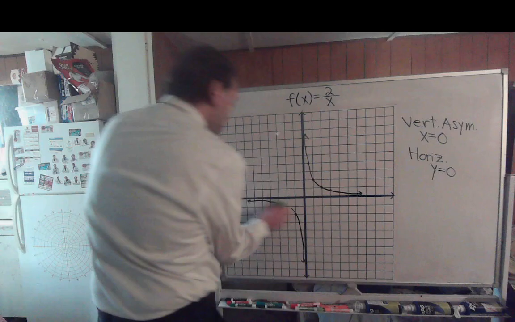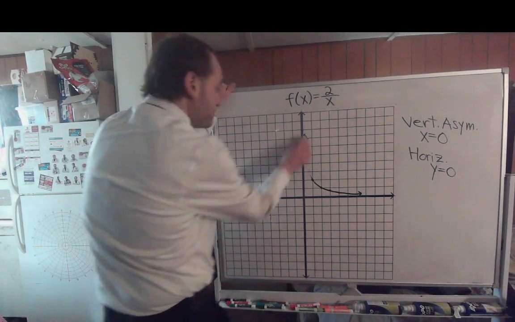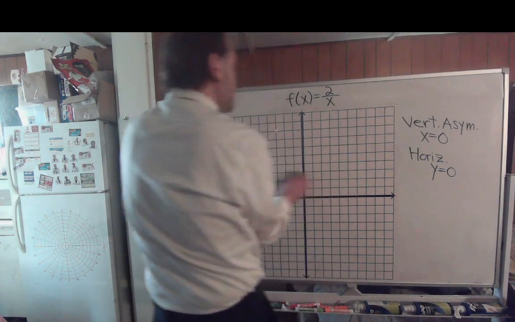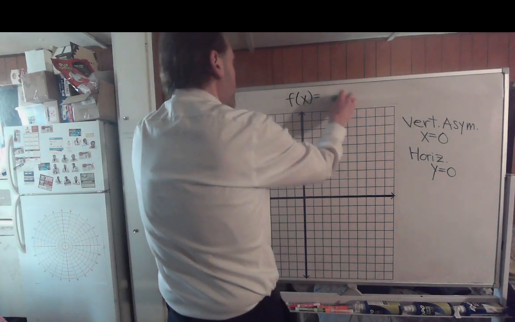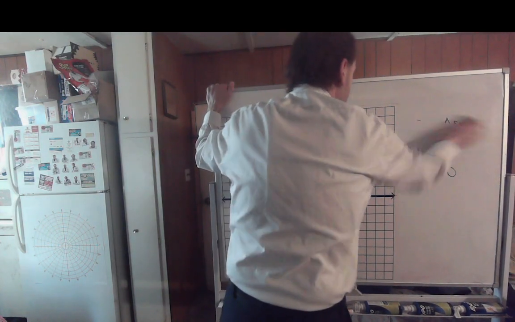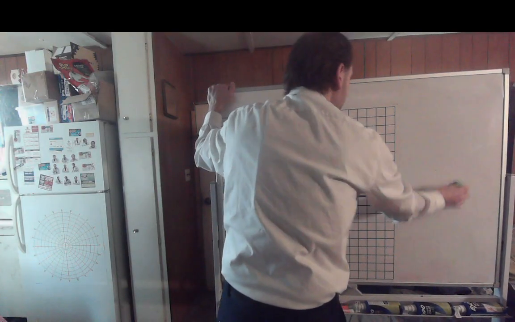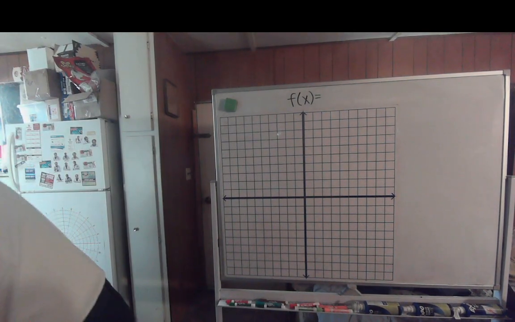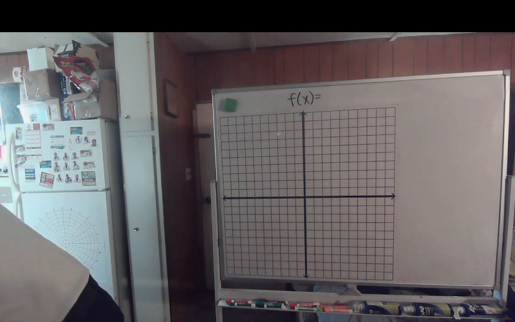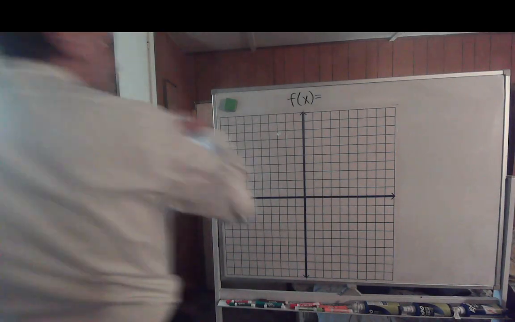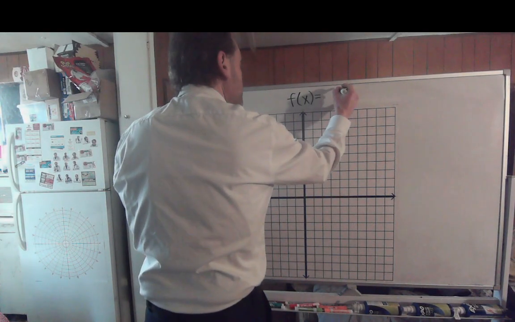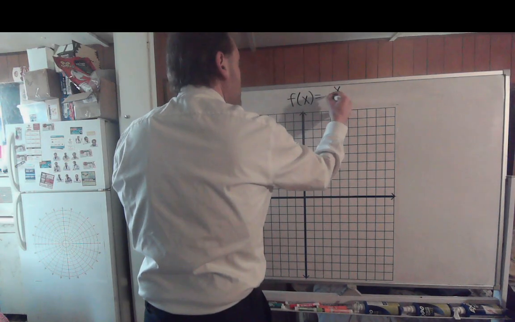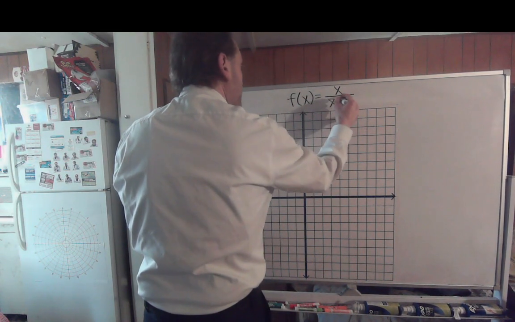Now, let's do some other functions where the degree of the numerator is still less than the degree of the denominator. Alright, so let's say I gave you x over x squared minus 9.